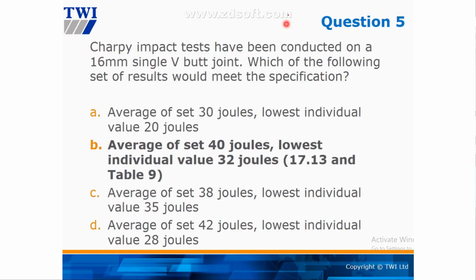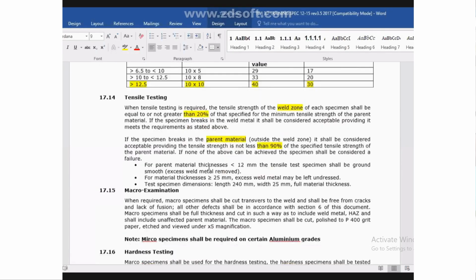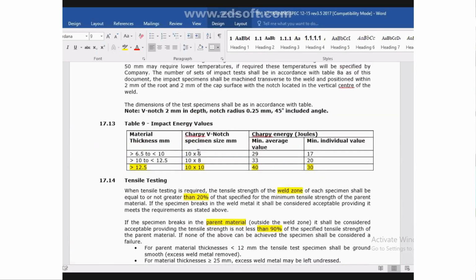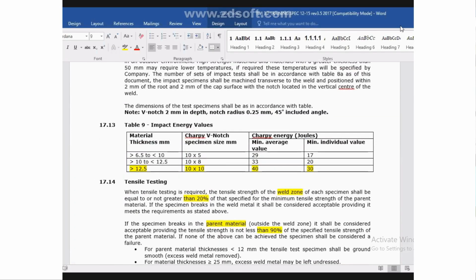All right, look at 17.13. Impact energy value. All right, the thickness given is more than 12.5. Minimum average value 40.